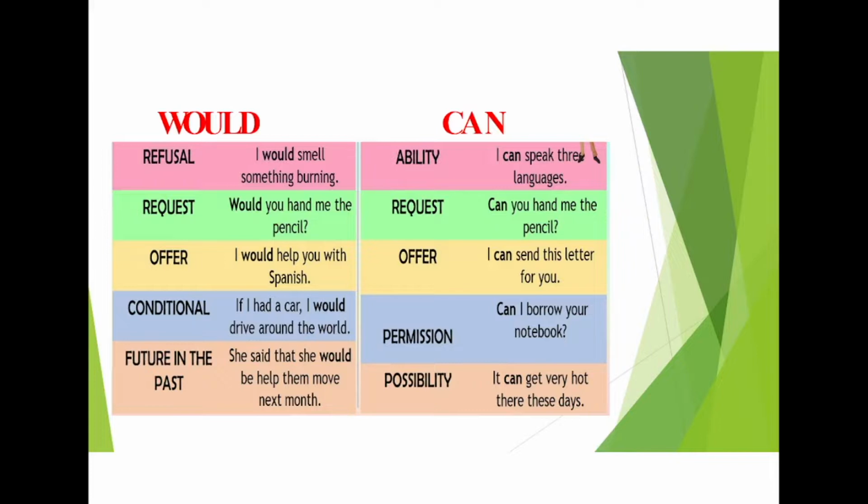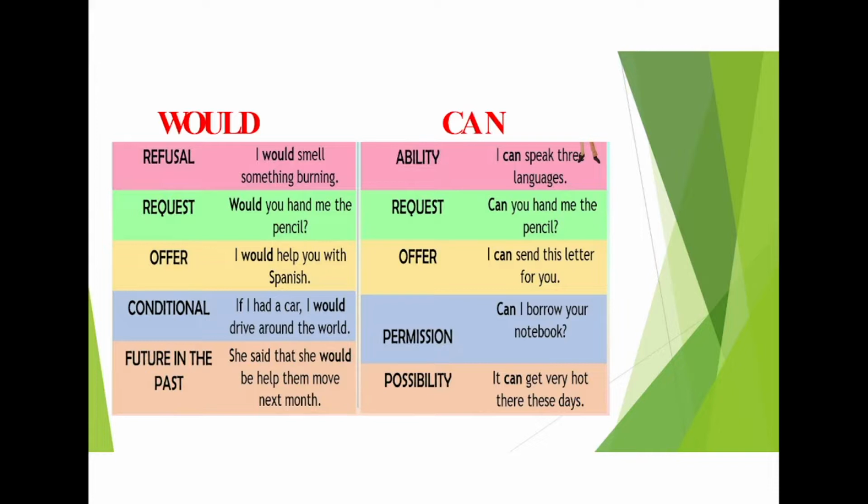When you offer somebody politely, formally, it is again would. Then conditional, we use would, that something would have happened, right? Future in the past: she said that she would help them move next month. Then when you have ability, an informal request, informal offer, permission about something, and possibility.